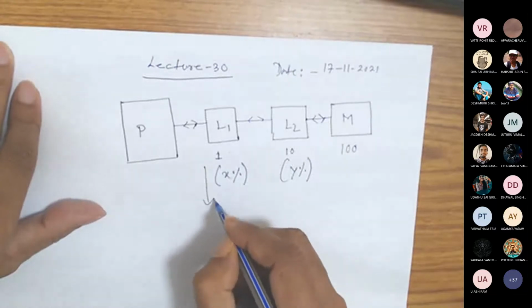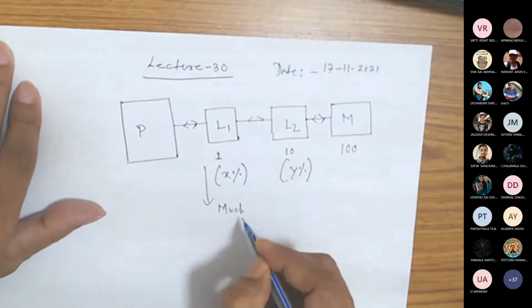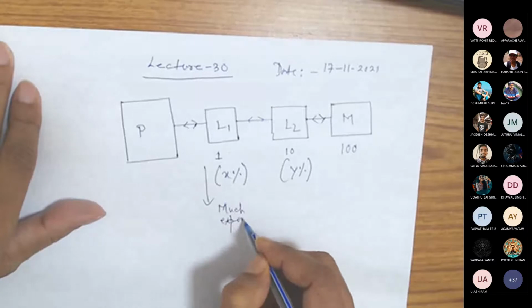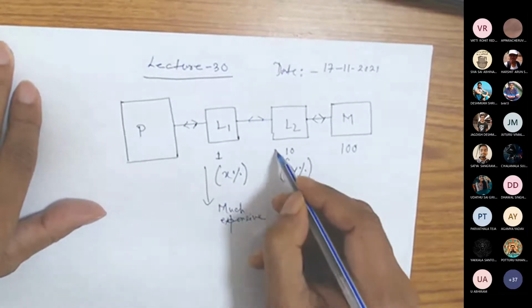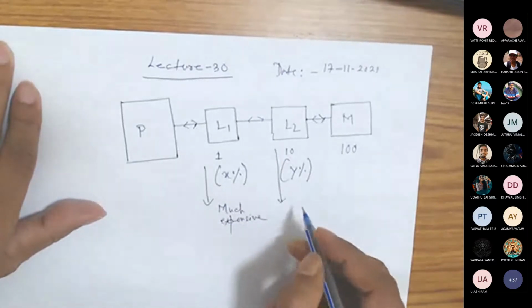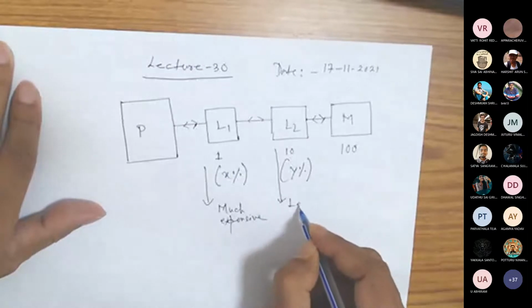This will be much more expensive. This will be less expensive.